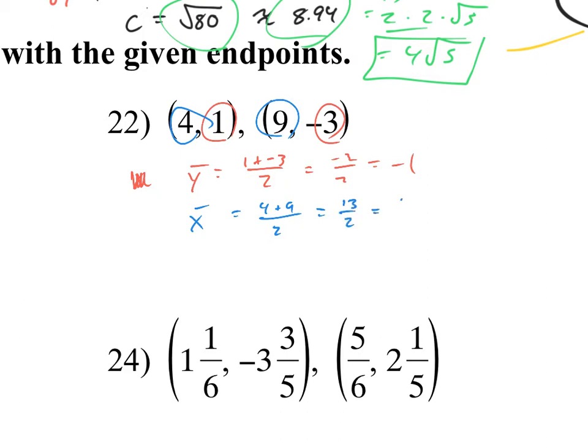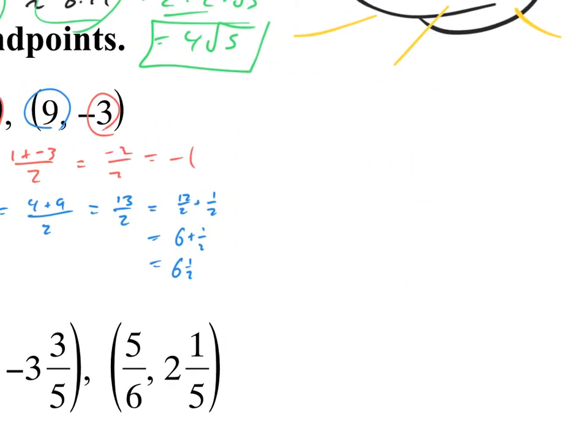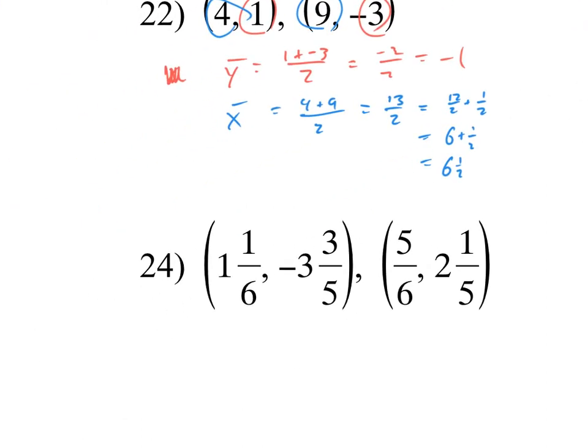Ew, so this is like 12 halves plus 1 more half. Right, 13 halves. So this is 6 plus a half, so 6.5. So this should be 6.5 comma -1 as the midpoint. Cool.